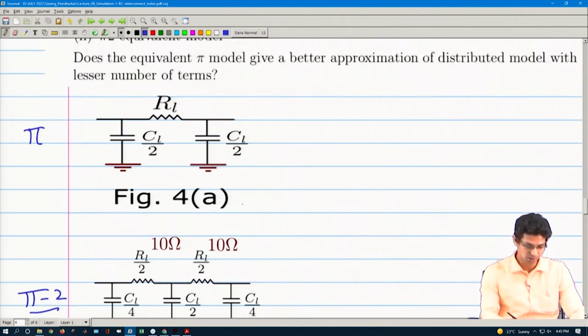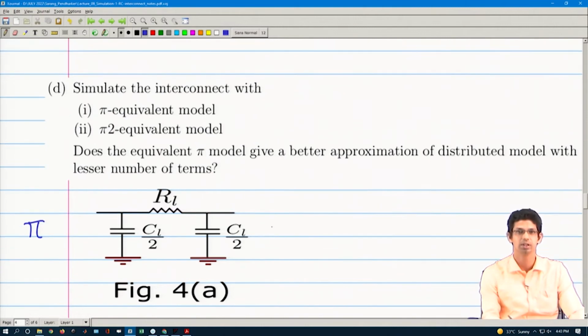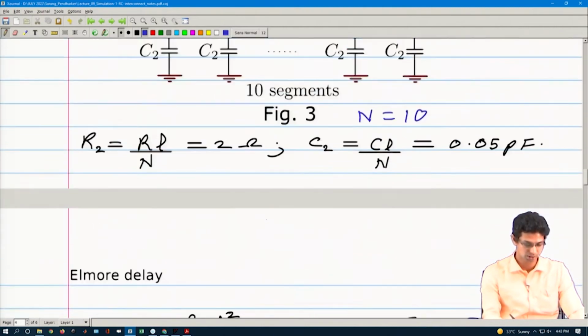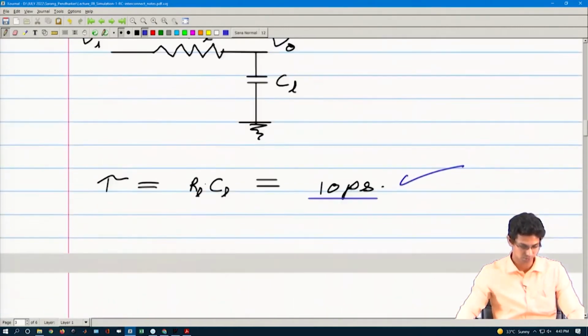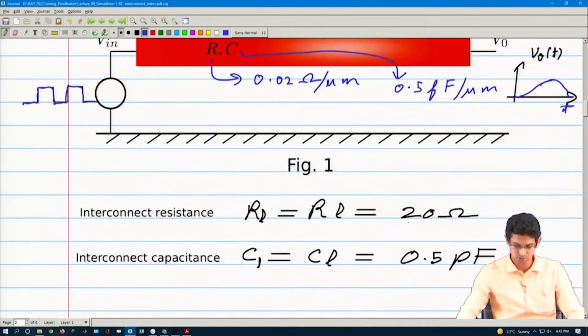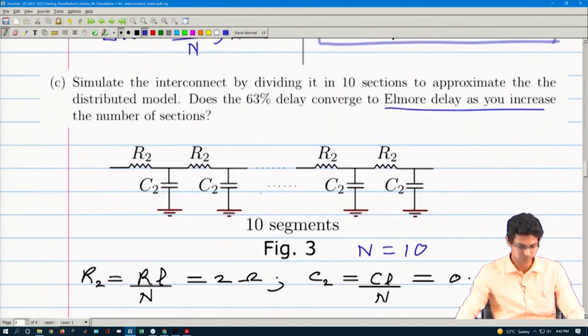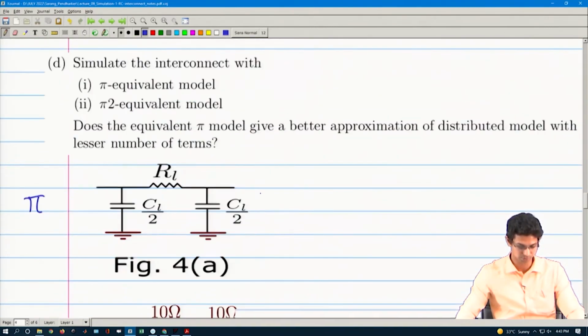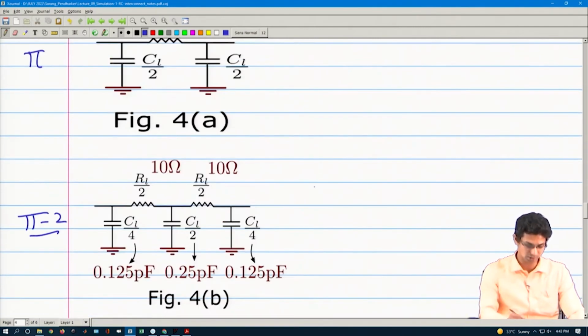So, if we substitute those values for R L and C L which we had computed earlier, from that we can easily get the values that are here.